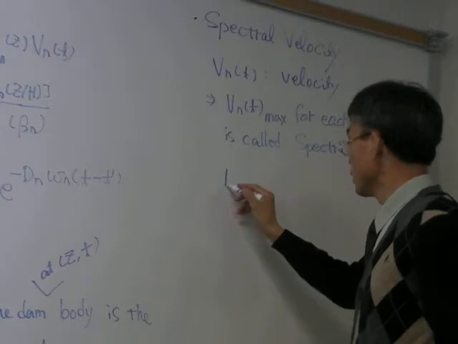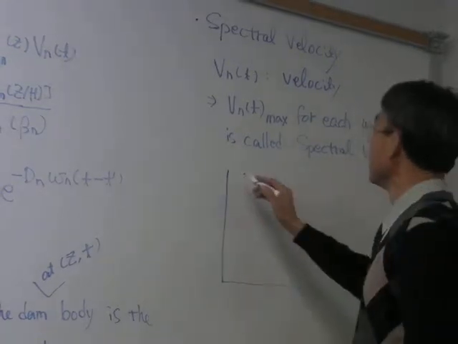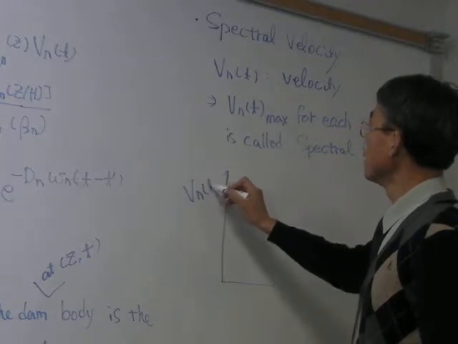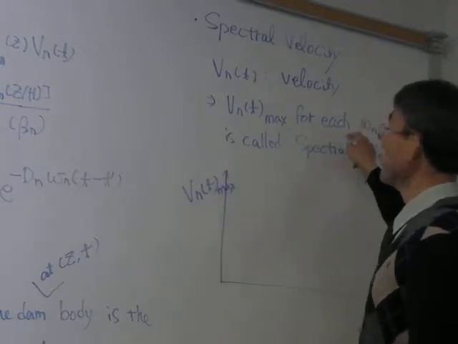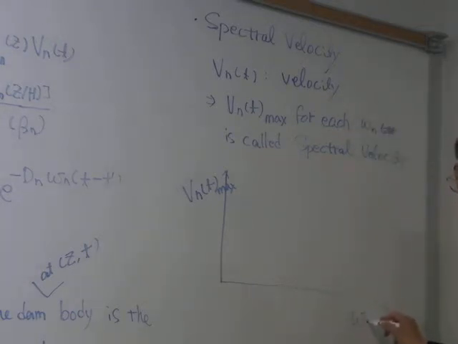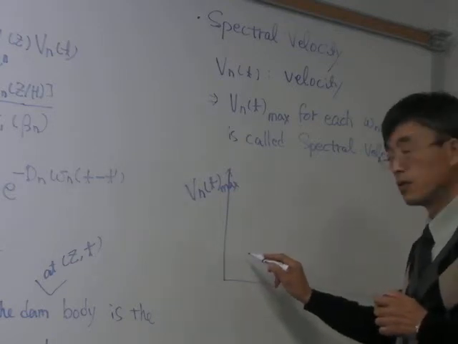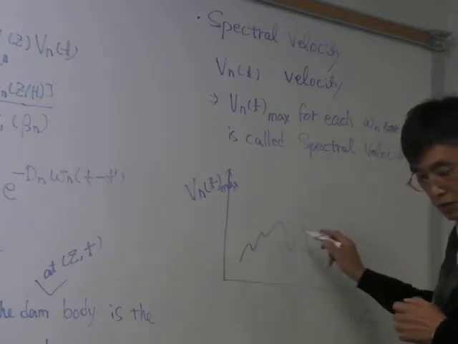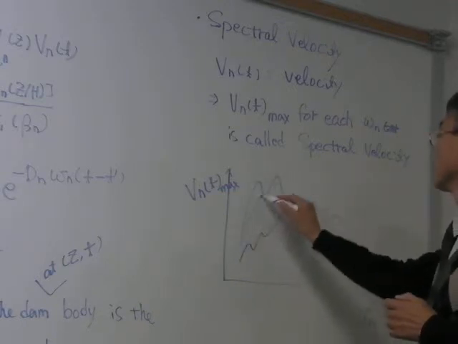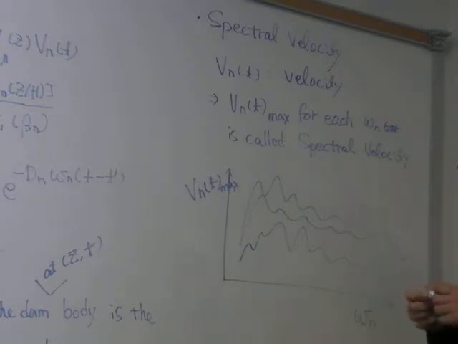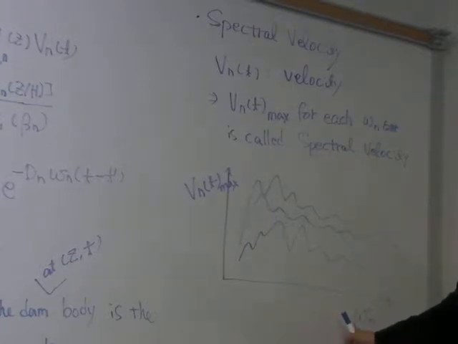And when we actually plot V and T max for each omega n, okay, then what usually happens is it depends on the frequency.